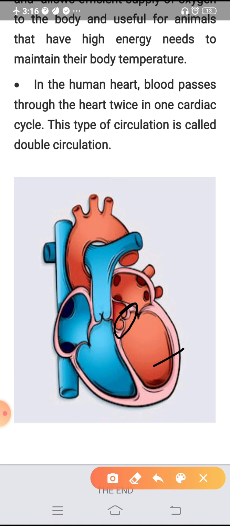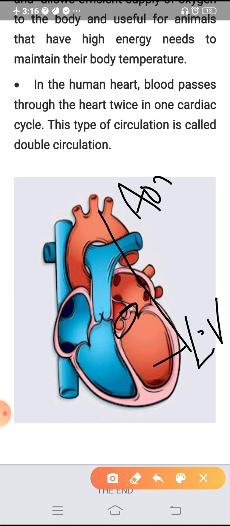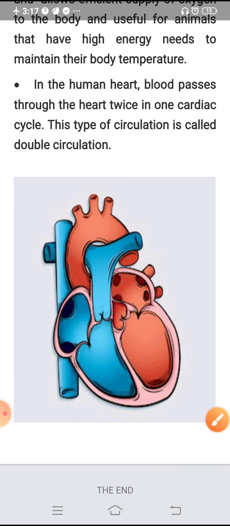It is present between the left ventricle and the aorta. Okay. So these are the four valves. Which are the four valves? One is the pulmonary valve, which is present here. Next, the tricuspid valve, the bicuspid valve, and the aortic valve, which is present here itself. Okay. So these are the four valves.